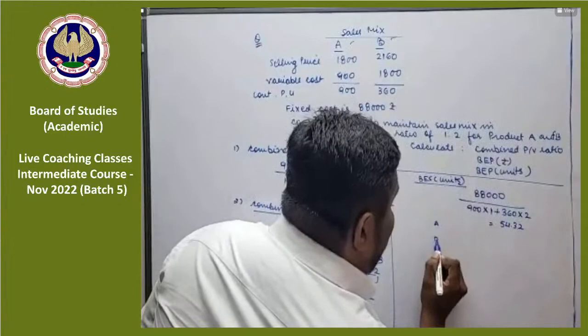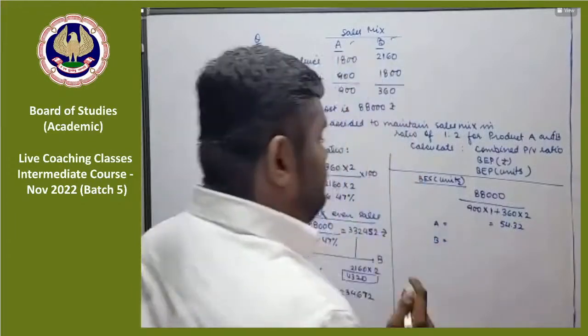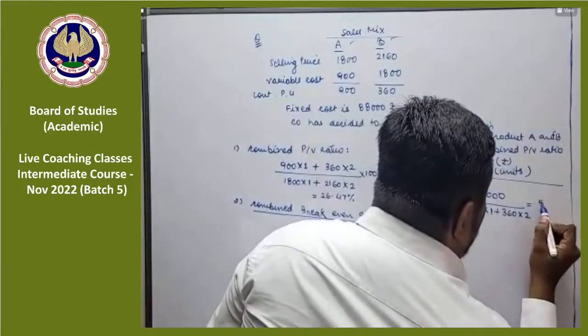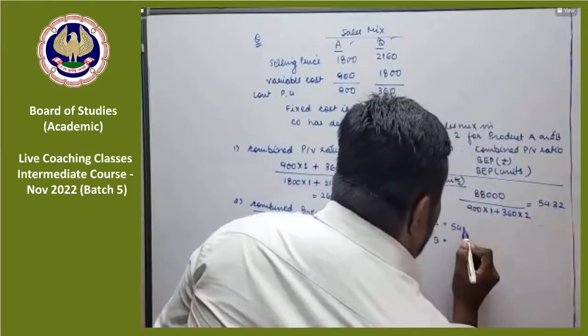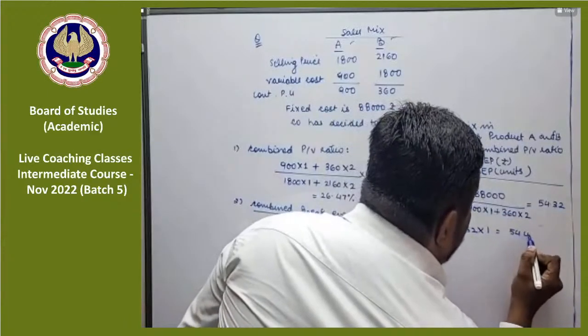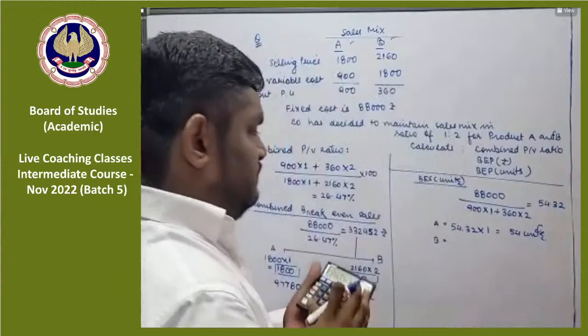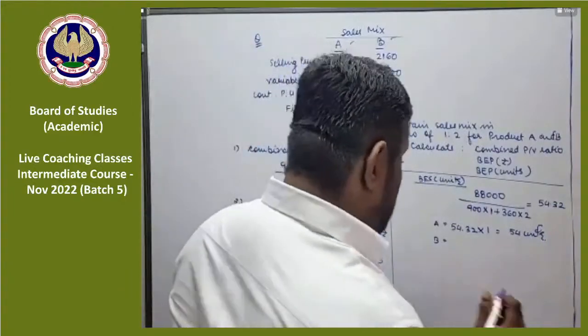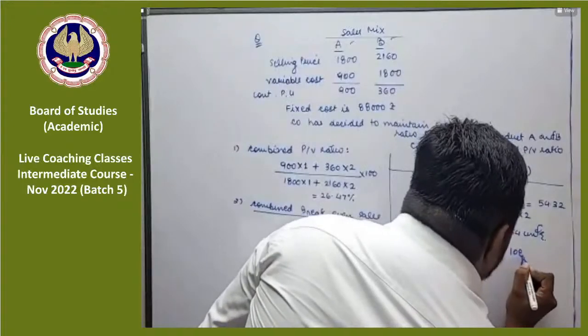So for product A and product B, 54 units approximately and 108 units.